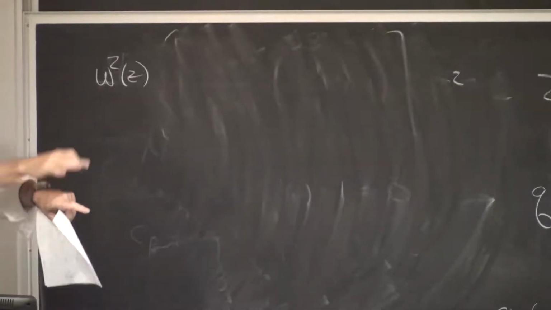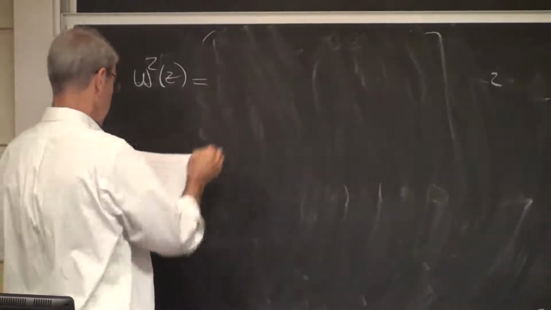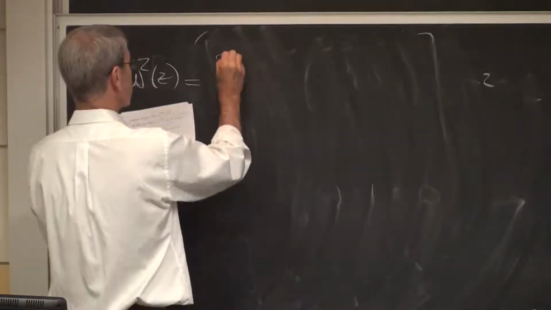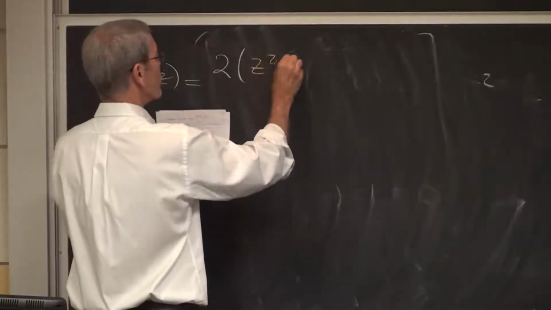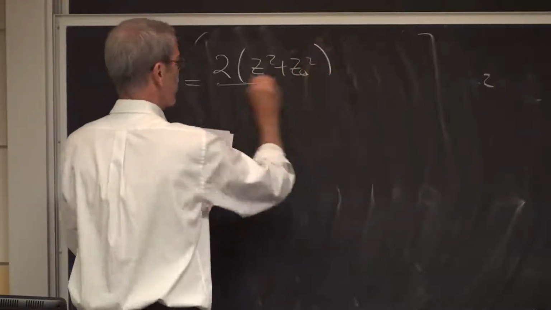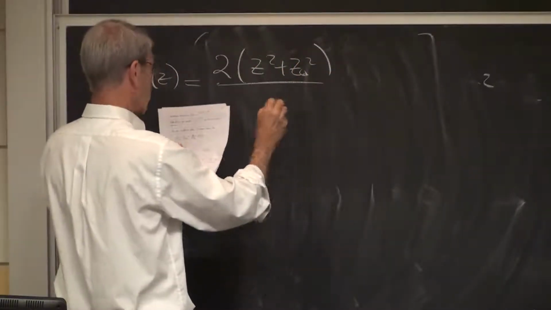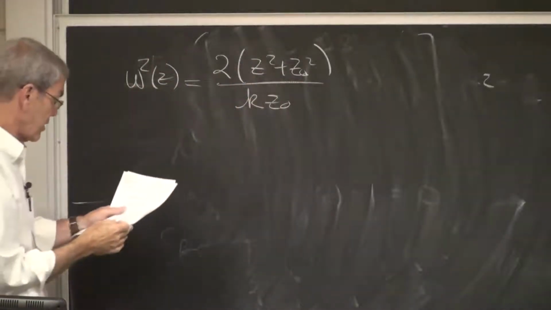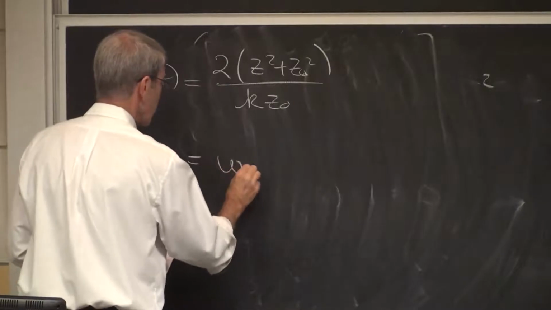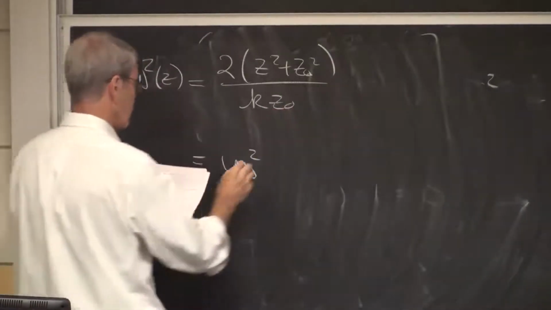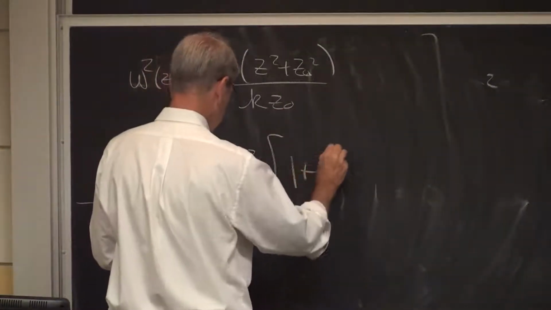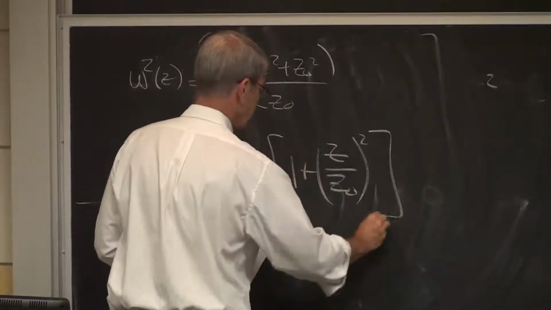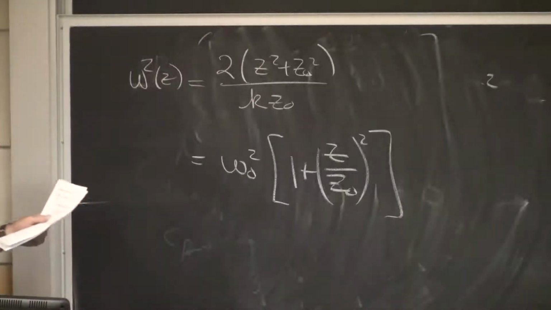So the radius of the beam as z increases is given by 2 z squared plus z naught squared over k z naught. And I stir this around, and what this becomes is omega naught squared times 1 plus z over z naught squared. And that's my final answer.